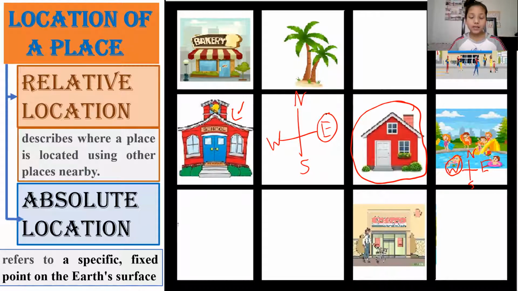Because it depends on what you're relating to. So absolute location doesn't change, like my home address. It says the street, city, and state name. Let's learn more about absolute location of a place.